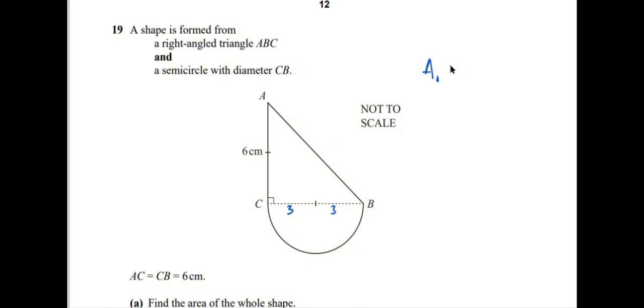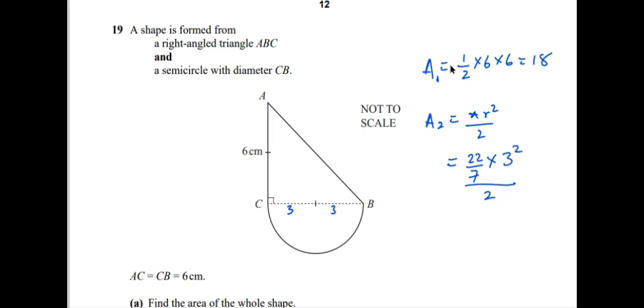Now for the area of the right angle triangle, we call it A1. A1 will give you 1 over 2 times 6 times 6, which will give you 18. Then A2 will give you pi r squared over 2. That's because it's a semicircle, so area of a circle divided by 2. Now with that, we can put in our values as 22 over 7 times 3 squared all over 2.